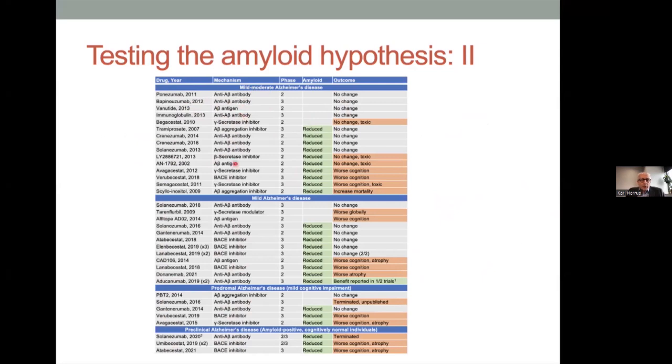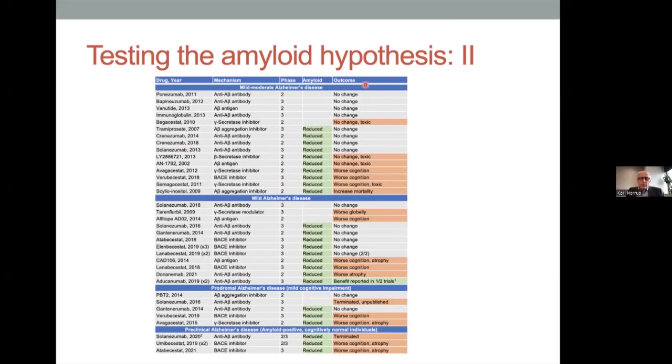And you can see in this column, again, the details are not important, but all sorts of different strategies have been used to get rid of amyloid. And in this column here, you can see that most of them, not all of them, but most of them actually hit the target, meaning that by any number of criteria, the amyloid deposits in the brains of individuals in the trial, in the treatment arm, were reduced.